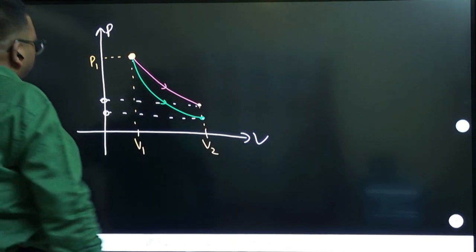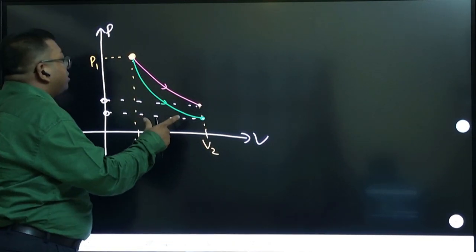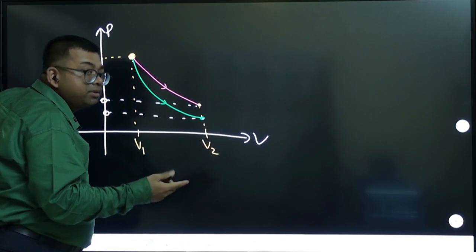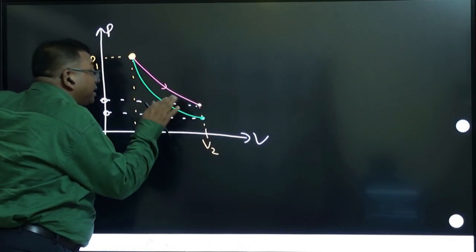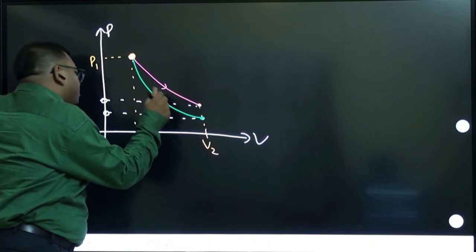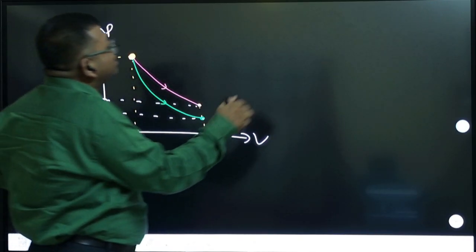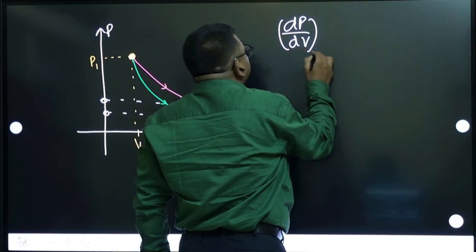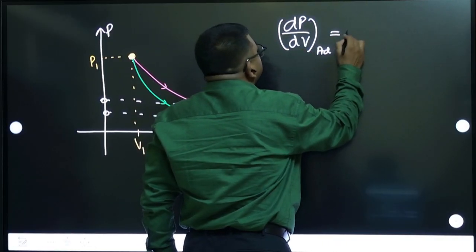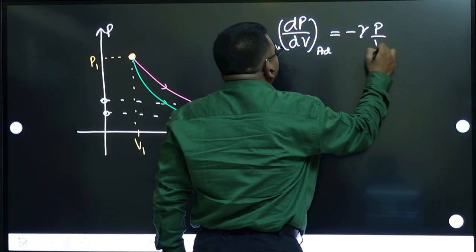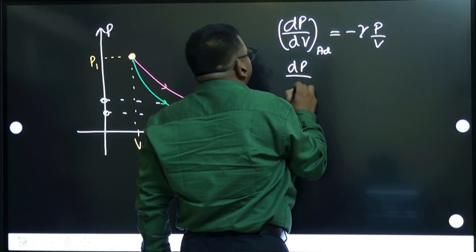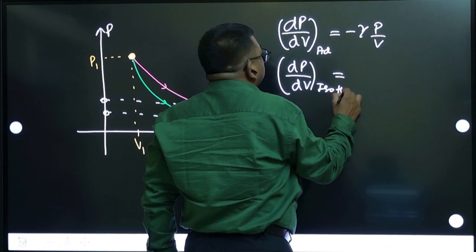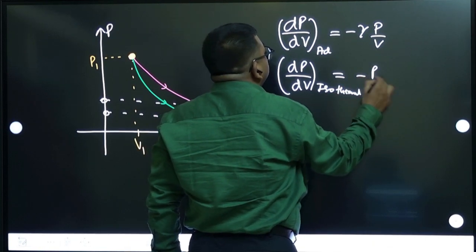Okay. Now here can you tell which graph is isothermal, which graph is adiabatic? If you have marked up, then you may tell what is the science behind this. Which graph is upper, which graph is lower? That is what is given by the slope dp by dv. I will write again. For adiabatic, it is minus gamma times pressure by volume. For isothermal, it is minus pressure by volume.